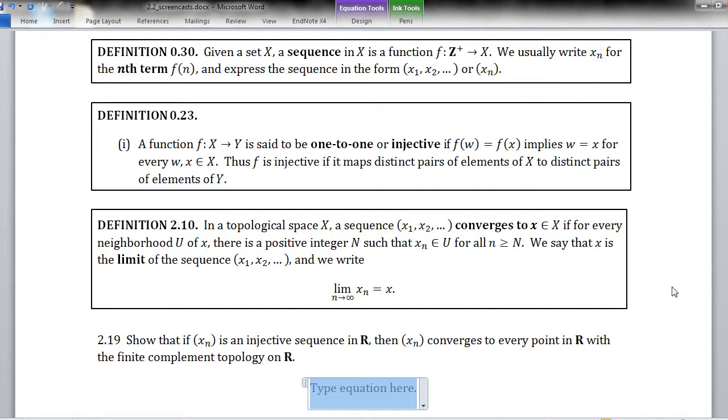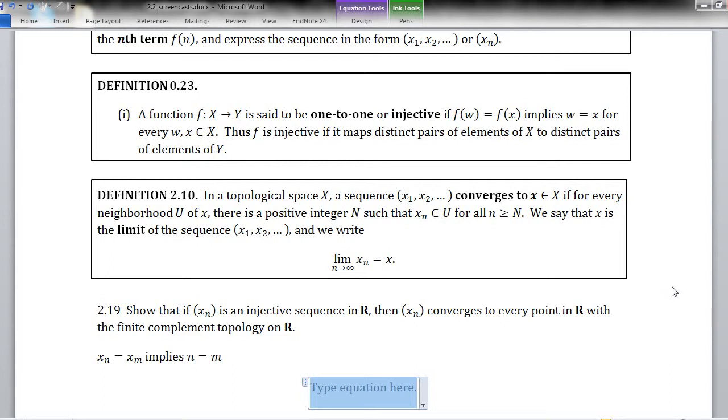It would mean that x sub n equal to x sub m implies that n equals m, right? Or maybe it's nicer to write the contrapositive: if n is not equal to m, then that implies that x sub n is not equal to x sub m. So basically, no two terms of this sequence are equal to one another. That's going to be important.